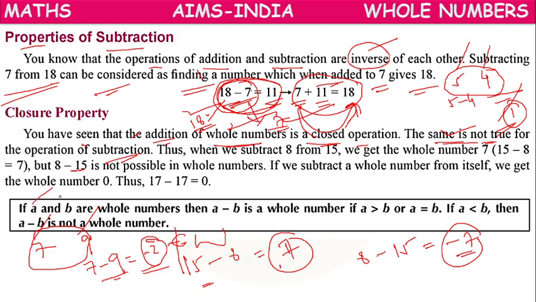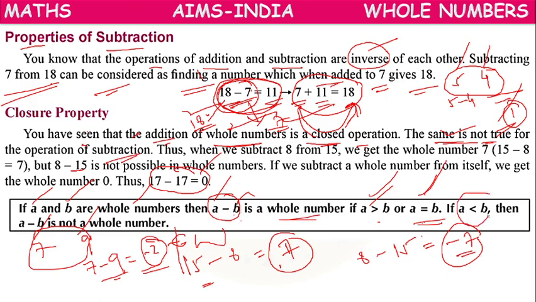What we mean to say is, if A and B are two whole numbers, A minus B is a whole number if the first number A is greater than B or A equals B, because 17 minus 17 is 0, and 0 is a whole number. Only then is A minus B a whole number.